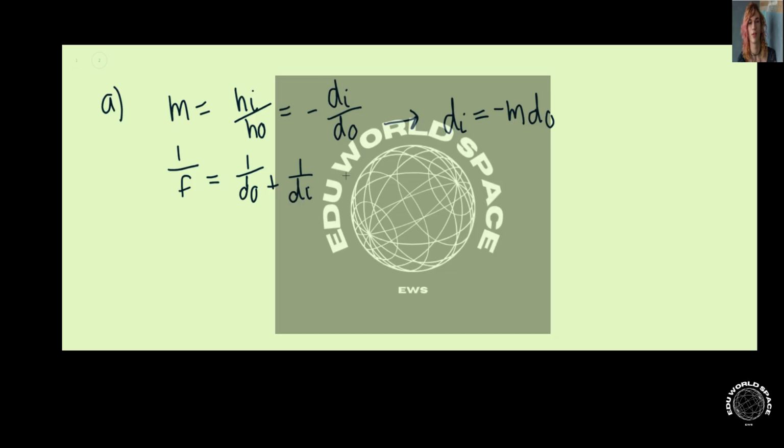We can replace the image distance di with our result we just derived. So we can recast this as 1 over d0 plus 1 over minus m d0. And doing a tiny bit of algebra, we get m equals f over f minus d0. So that's the result we're looking for. We got it.